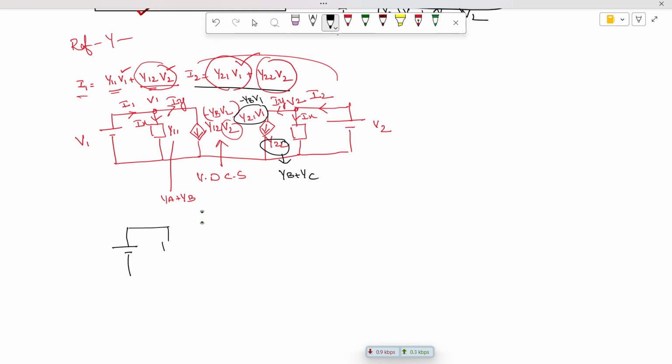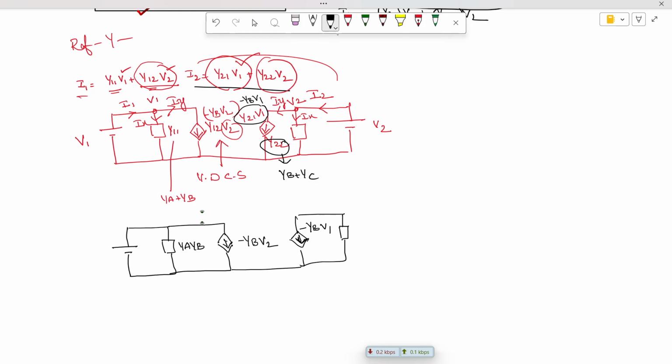This is a voltage dependent current source with current flowing down, the magnitude of this is minus yb v1, and one more admittance where y22 is yb plus yc with an applied voltage of v2 and current I2.